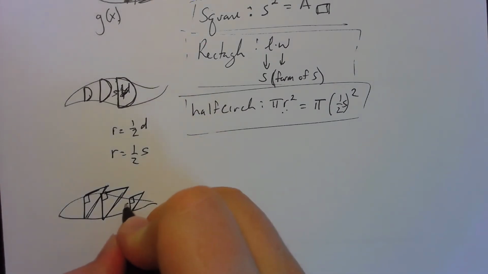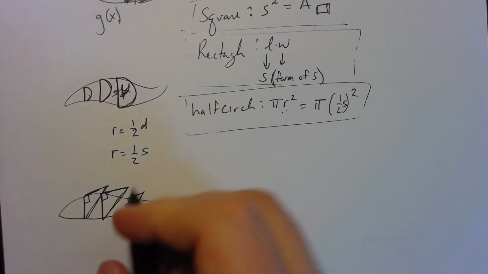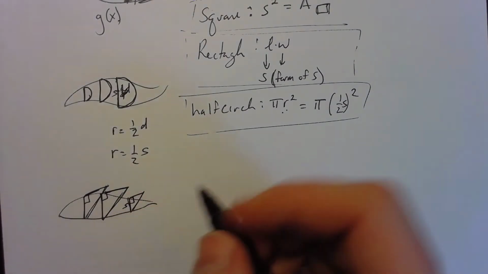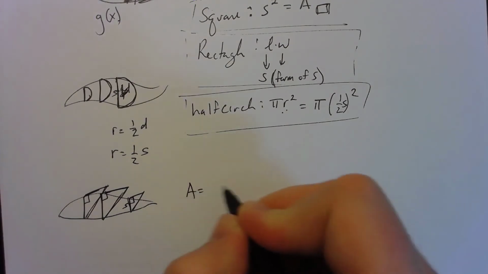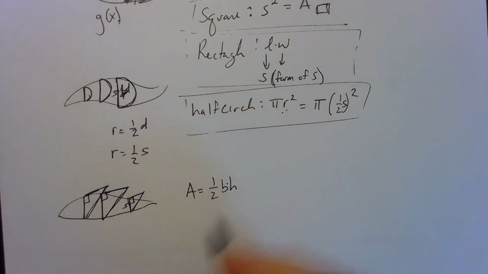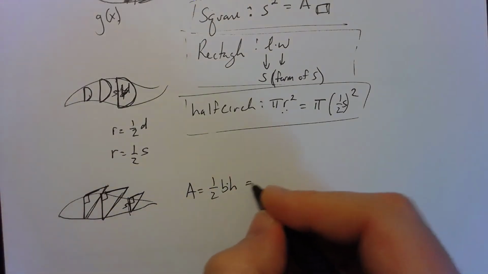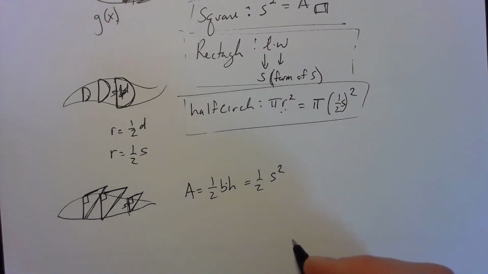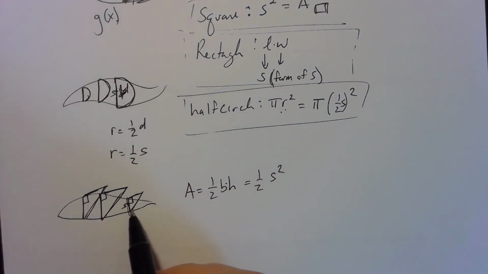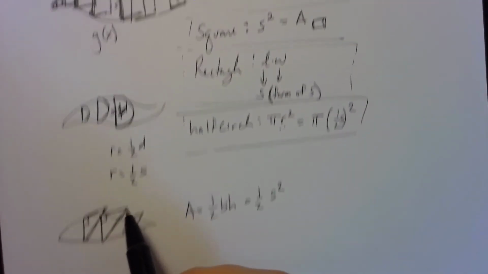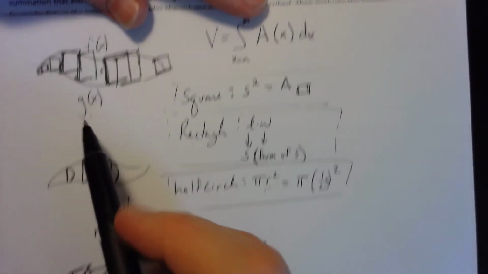So the area of this is going to be, since that length is s, and this is supposed to be an isosceles triangle, the area of any triangle is 1/2 base times height. Well, the base and the height are both going to end up being the same thing. Because there's the length coming down, that's s again, generally going to be referred to as f minus g.